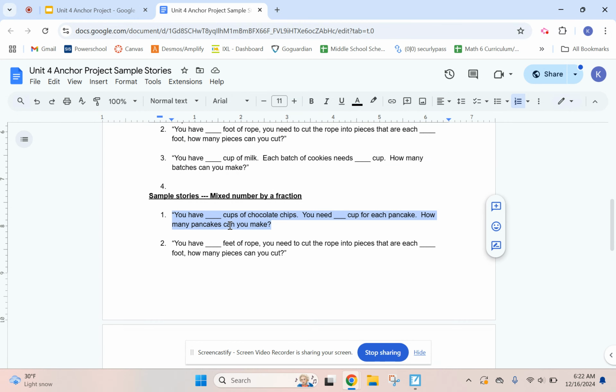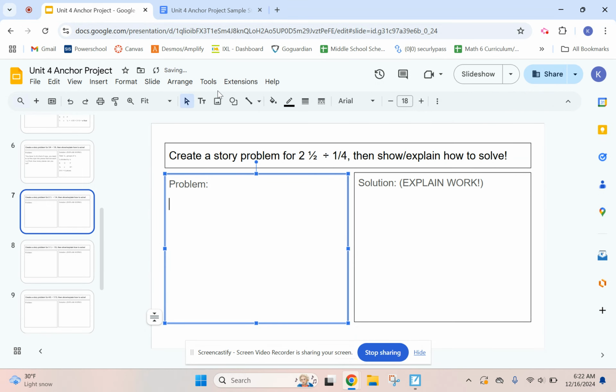It's about chocolate chips and making pancakes. All right, so what's our total? 2.5 cups of chocolate chips. You need a 1/4 cup for each pancake. How many pancakes can you make?